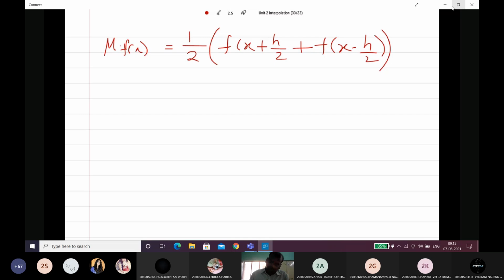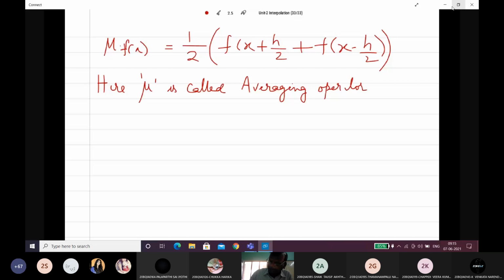Here mu is called the averaging operator. Okay. Now we can find the relation between E and delta.